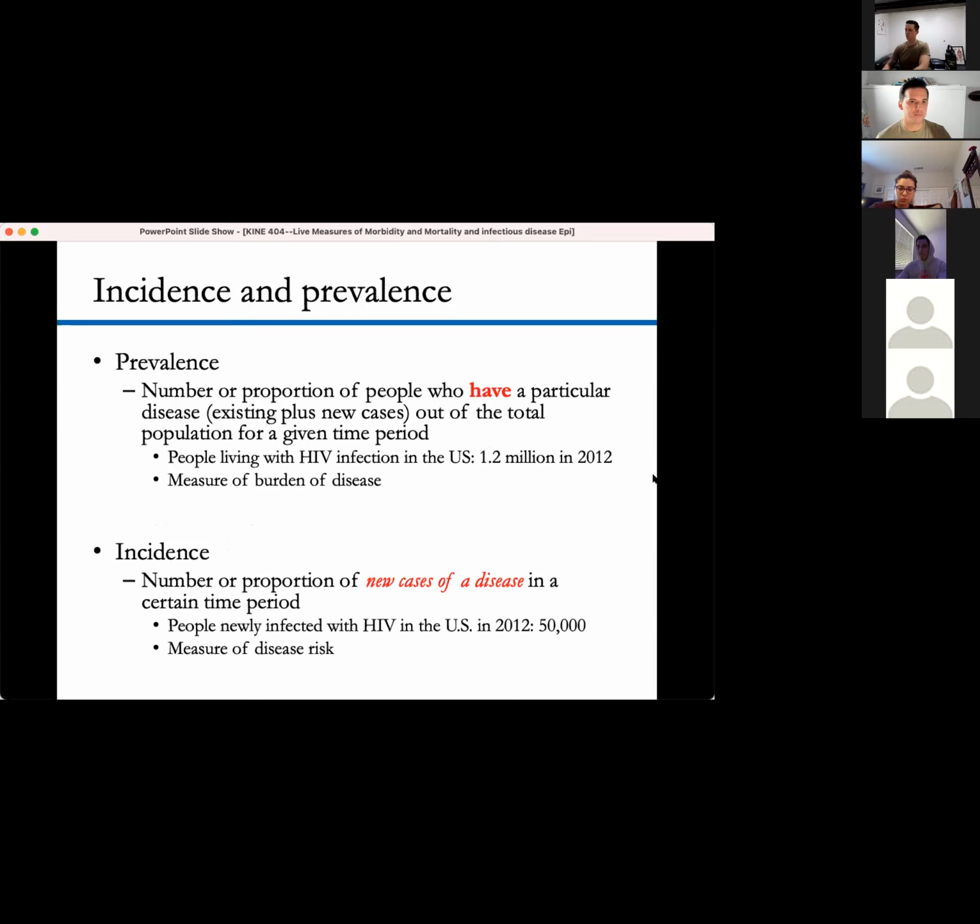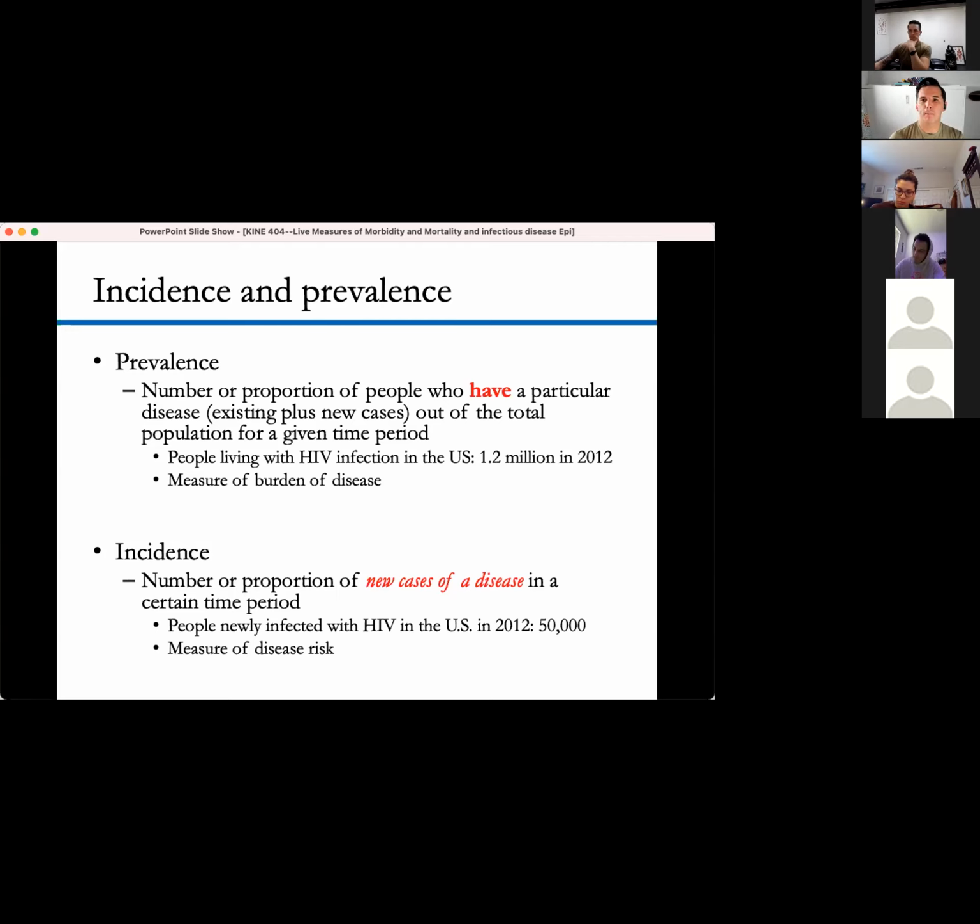So prevalence, and this is just to distinguish the difference between prevalence and incidence. Prevalence is just the number or proportion of people who have a particular disease out of the total population in a given time period. So for example, there were 1.2 million people in 2012 who had HIV in the United States.